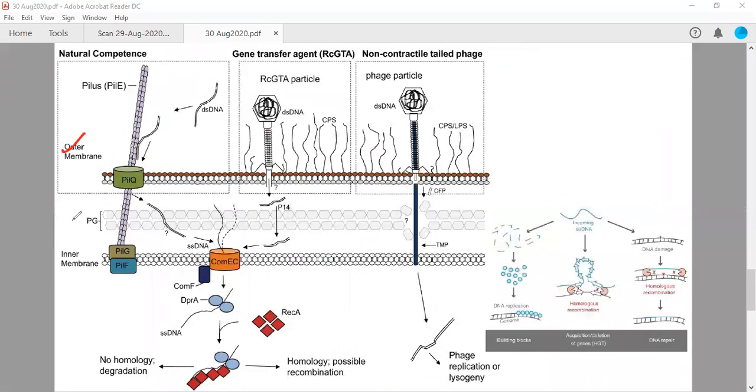This is shown here, the peptidoglycan cell wall, and this is the inner membrane. Now it has some proteins which help bind this double-stranded DNA to this cell. Then some nuclease will make it single-stranded DNA, and finally the single-stranded DNA will pass through the plasma membrane by the same protein called EC, and the translocase called ComF.